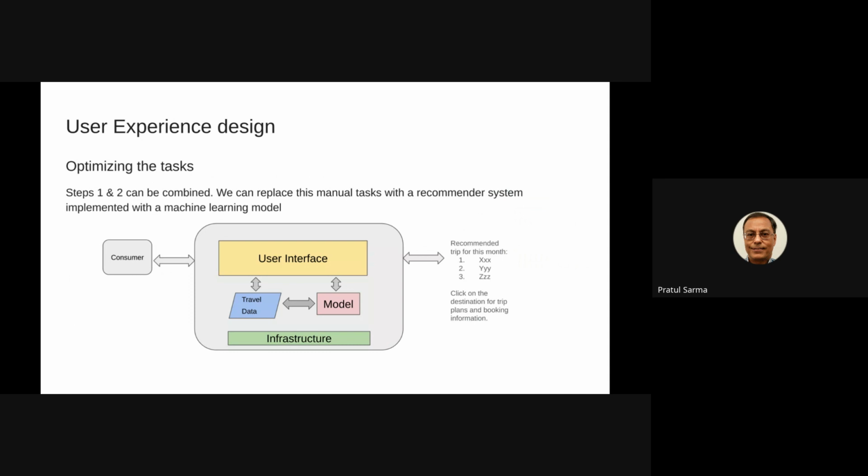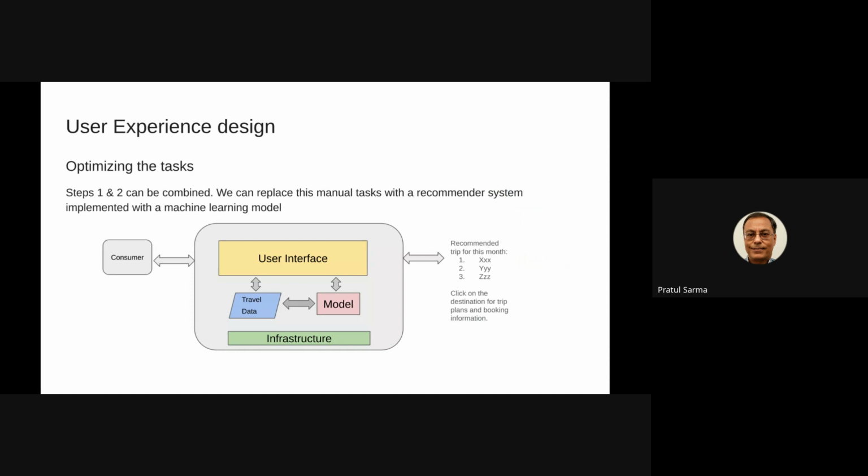So if we implement this system, it will have a user interface, which will take input from the consumer and then provide monthly recommendations, or recommendations at periods that the user chooses, on some trips that the user may take.